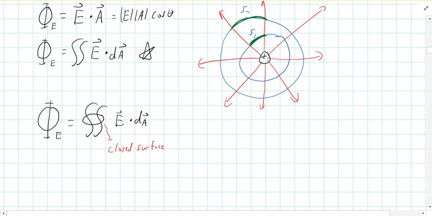That means that that surface encloses a volume and there's no breaks in the surface. So a sphere would work, any three-dimensional shape would work. A cube, rectangular solid, whatever. But now you have an enclosed volume. You're surrounding a volume with a surface. Okay, so when you see that symbol on a double integral sign, that means a closed surface.